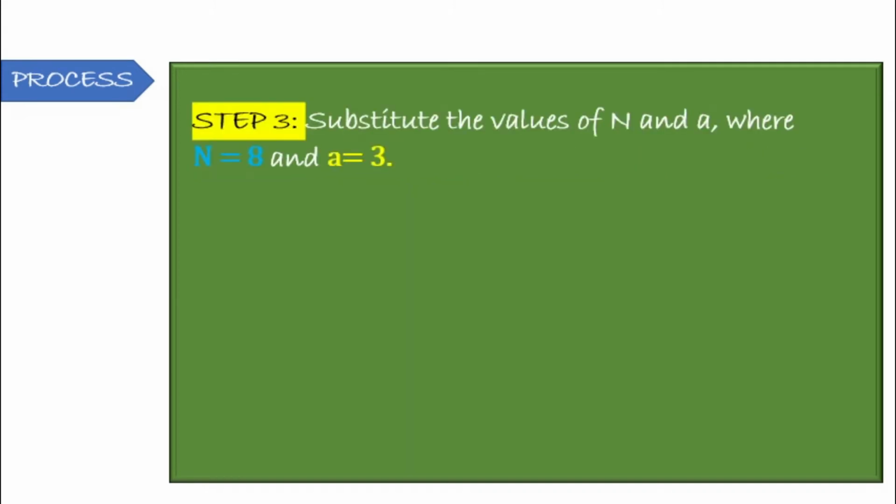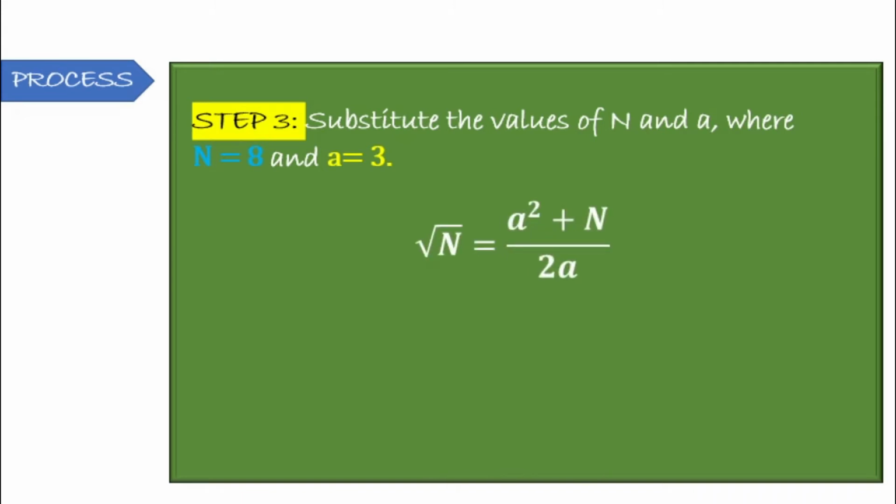Alright? Step 3. Substitute the values of n and a, where n is equal to 8 and a is equal to 3. Here, n is the given, which is 8, and a is the perfect square number closest to 8, which is 9, and the square root of 9 is 3.